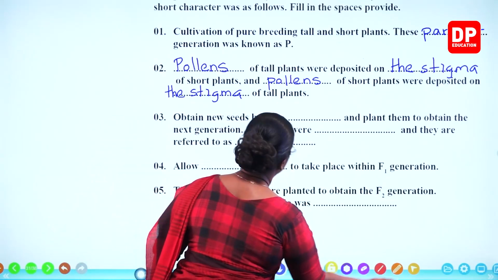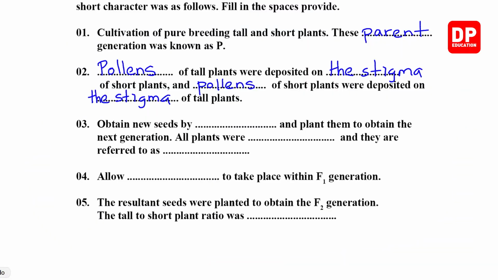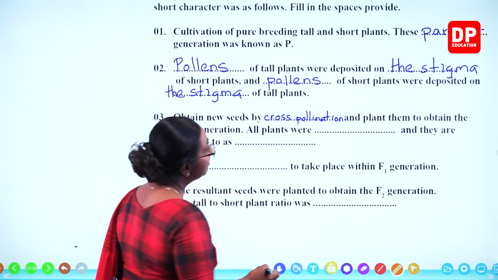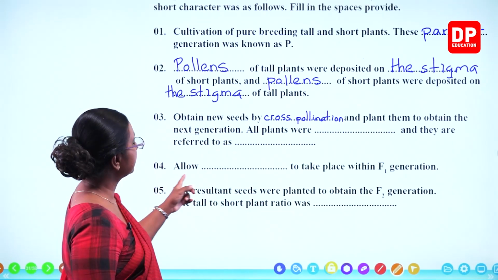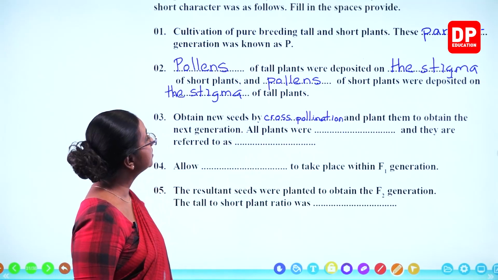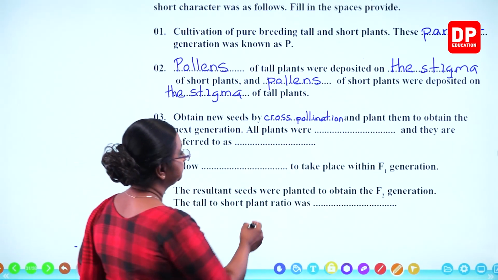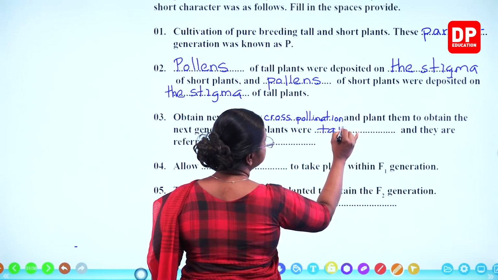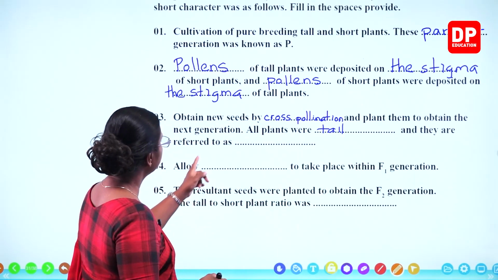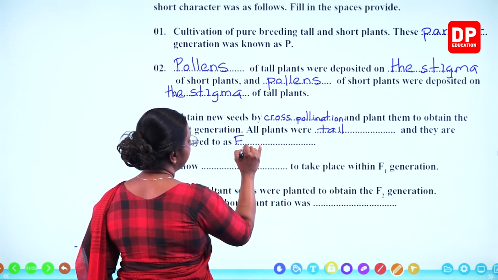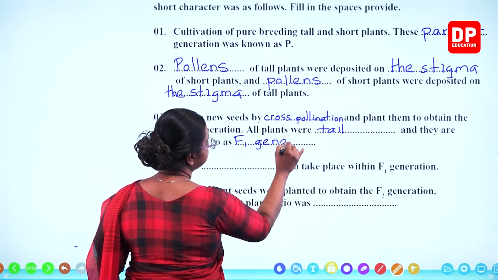Then, obtain new seeds by cross-pollination and plant them to obtain the next generation. All plants were what? Tall. Tall, and they are referred to as F1 generation.